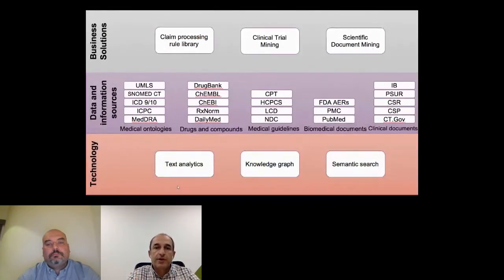So for this, we are actually using this LinkedLifeData repository, which is split in different topics, different themes. It covers a variety of areas, like we have medical ontologies, we have medical guidelines, we have biomedical documents, drugs and compounds, research literature, you name it.